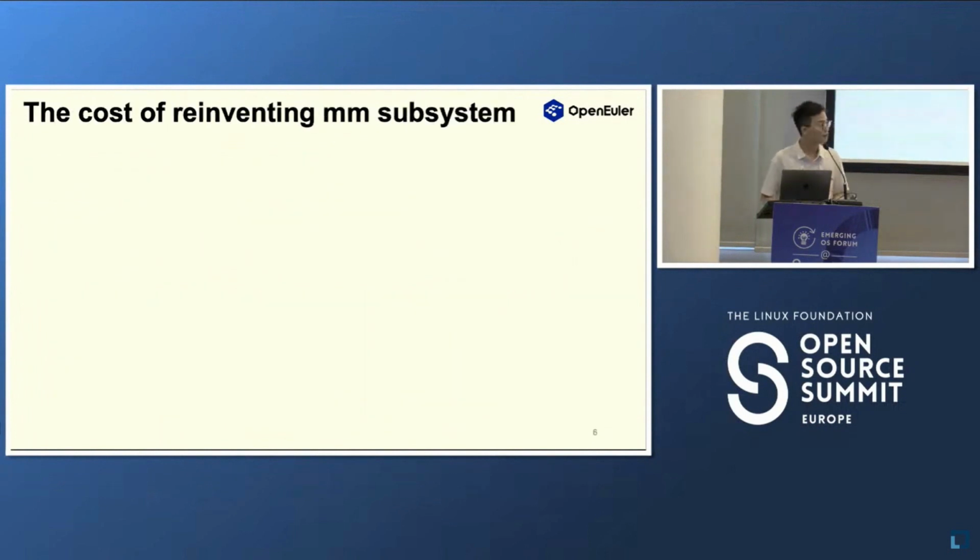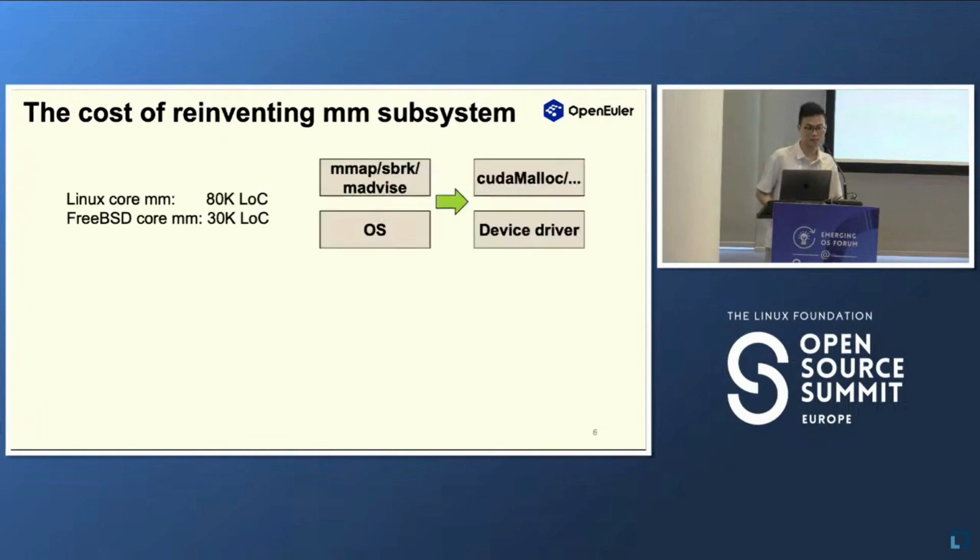Things could be even worse when we look at the underlying memory management subsystem. First, what does the kernel do? The Linux core MM has 80,000 lines of code, while FreeBSD has 30,000 lines of code. This is kind of common because FreeBSD is more of an academic view of the operating system, so it has fewer lines of code.